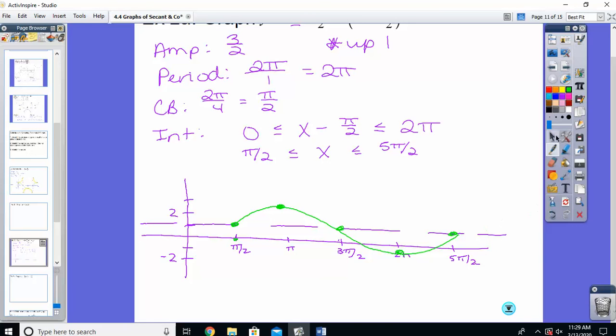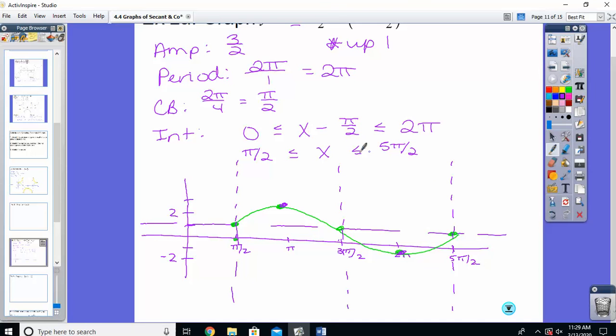So there's my sine. So for cosecant, every time that's 0, I'm putting a vertical asymptote. High and low points stay.